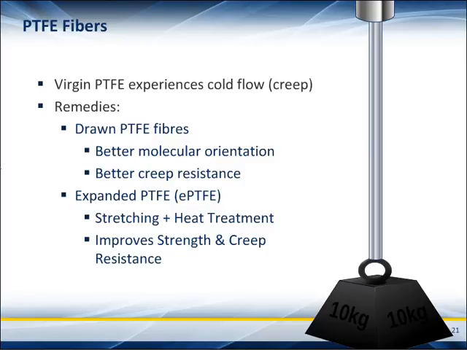What can be done as well is that PTFE is expanded, what we call expanded PTFE or ePTFE. ePTFE goes through a manufacturing process that stretches it and gives it some heat treatment to improve strength and creep resistance.